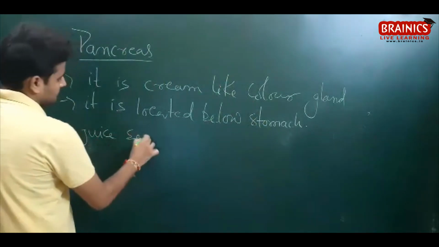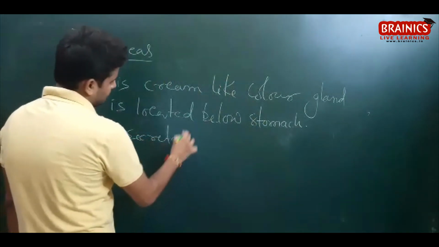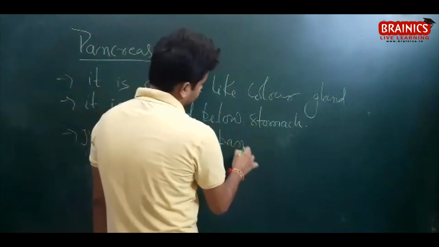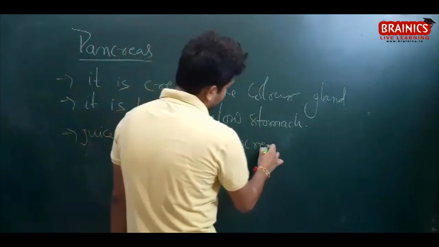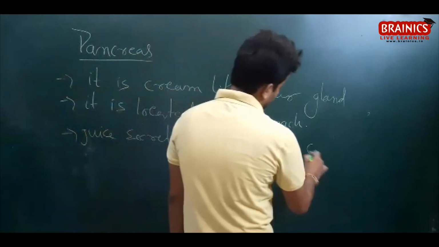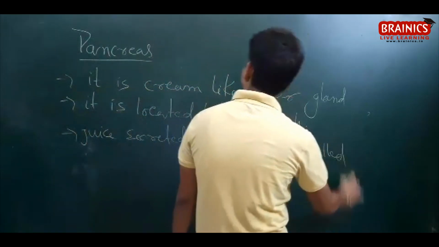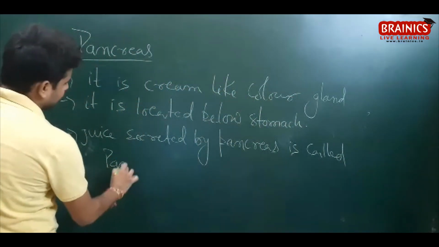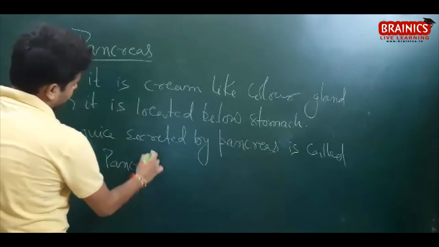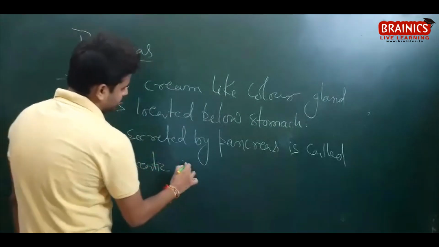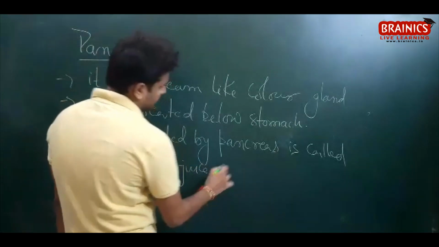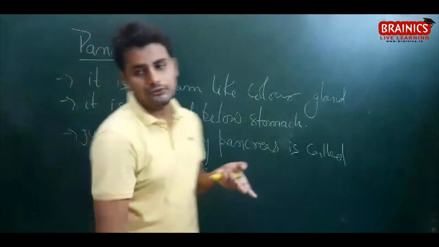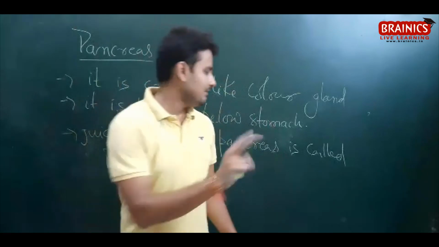The juice secreted by the pancreas is called pancreatic juice. And we know that the juice contains enzymes, right? Okay. So it helps in the digestion of carbohydrates, fats, and proteins, and changes them into simpler forms.